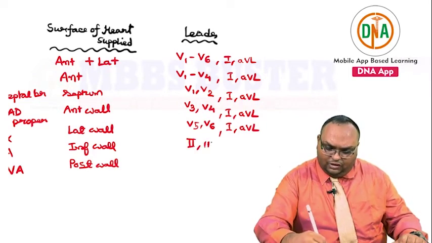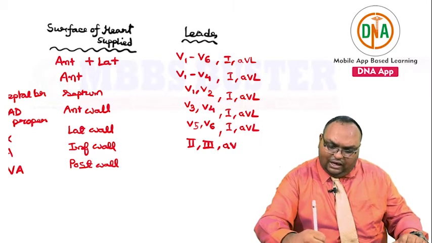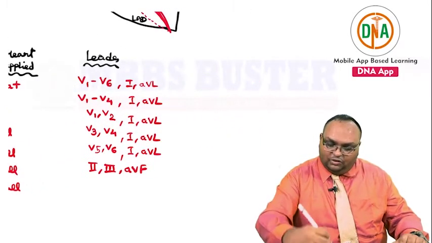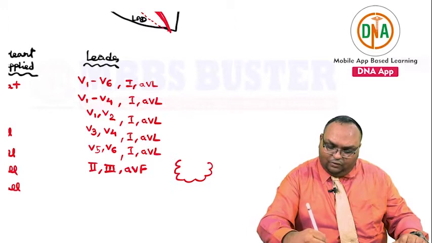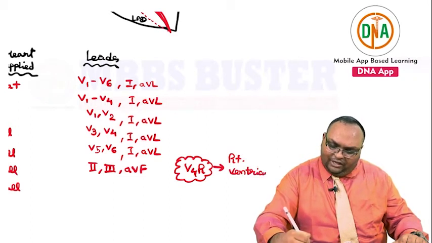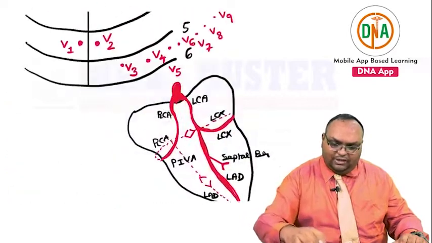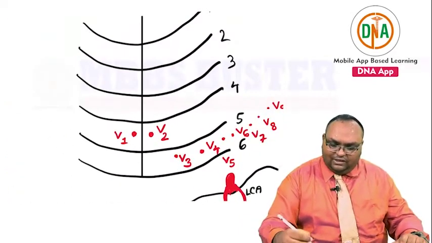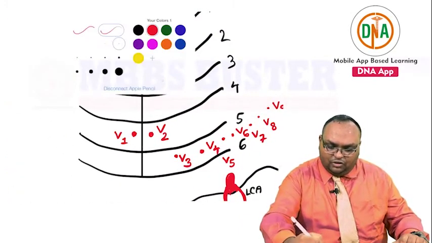And you would also read about this particular lead V4R, which looks specifically at the right ventricle of the heart. So if you have a right ventricular infarct, you might want to do a special lead placement V4R, diametrically opposite to V4.